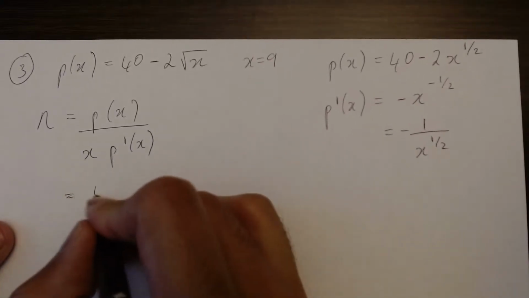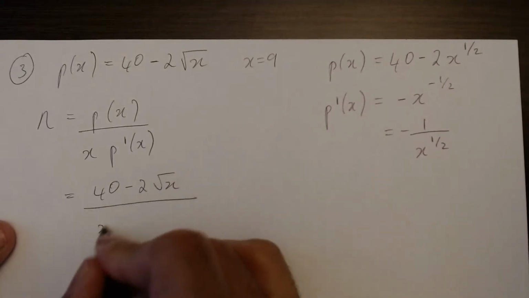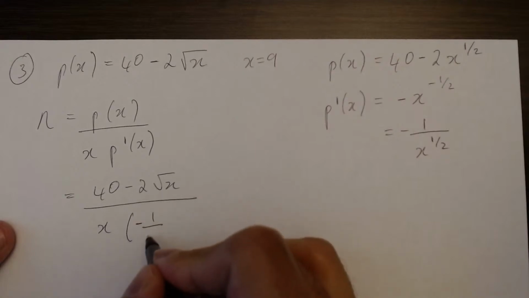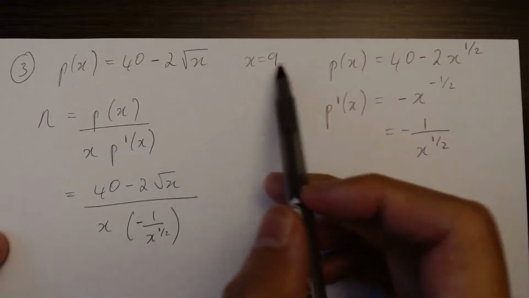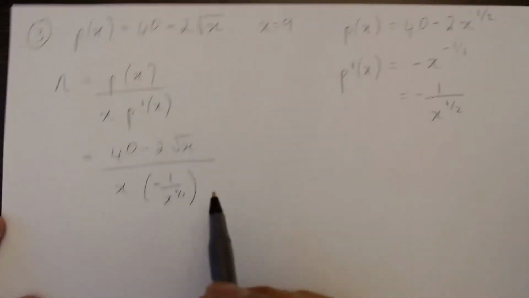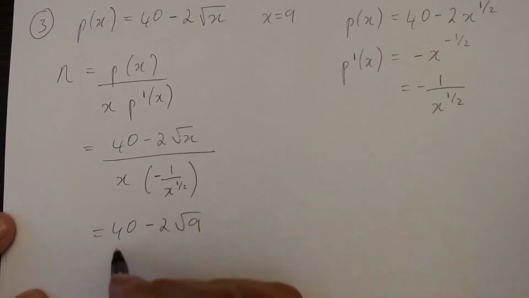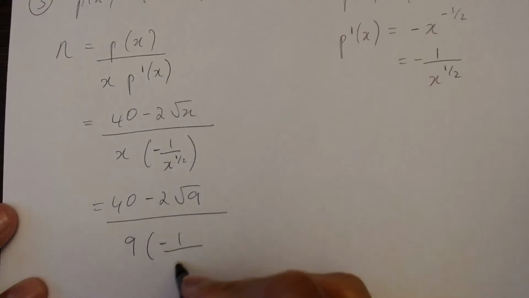So that's just 40 minus 2 root x divided by x times negative 1 over x to the power of half. And now I can sub my x value in, which is 9. So I have 40 minus 2 root 9 over 9 times negative 1 over 9 to the power of half.